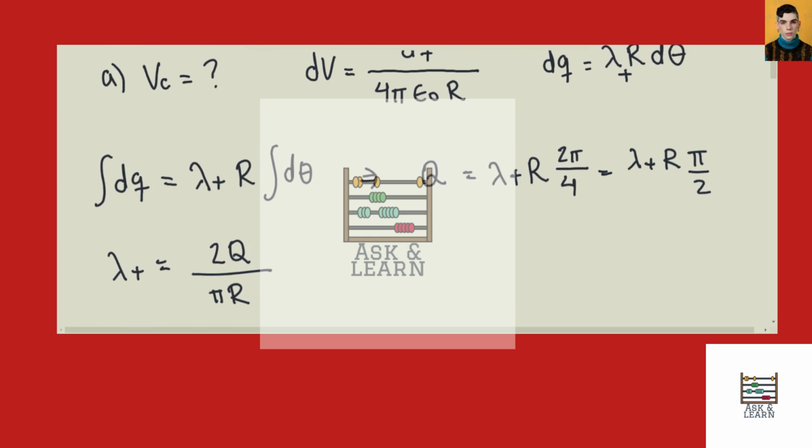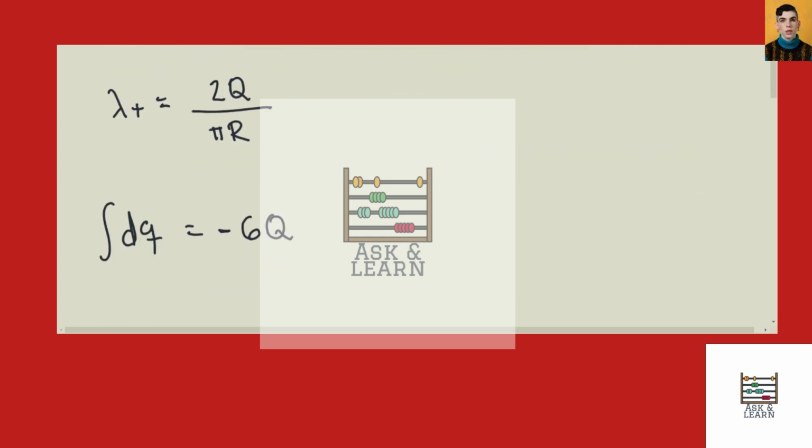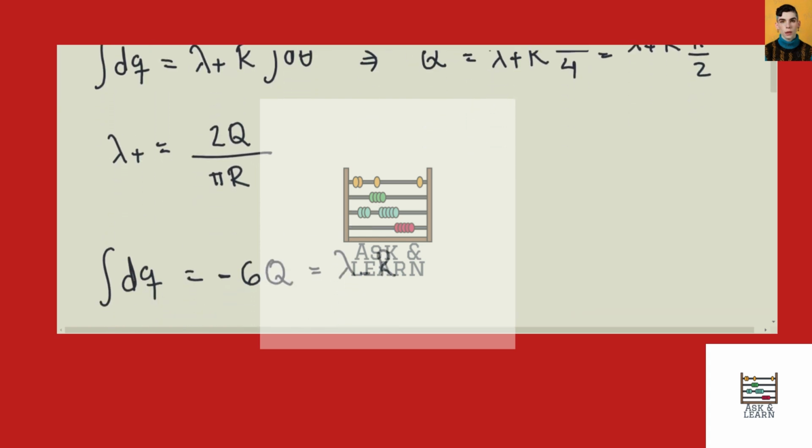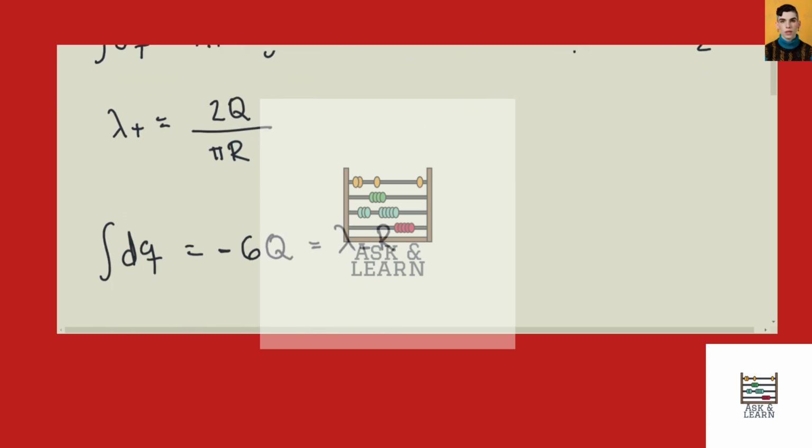We will have the same for the other part. We're going to call this the negative density times R times the angle, and the angle is the rest of the circle.